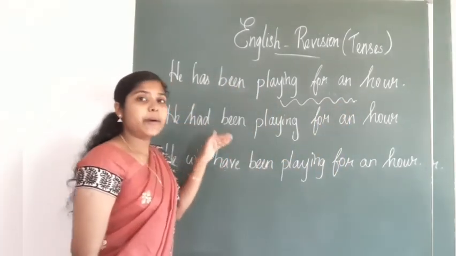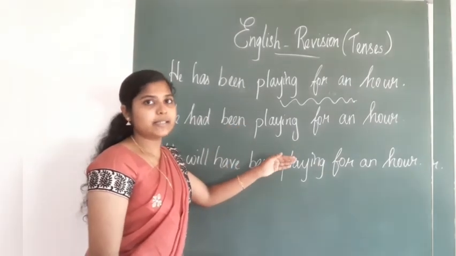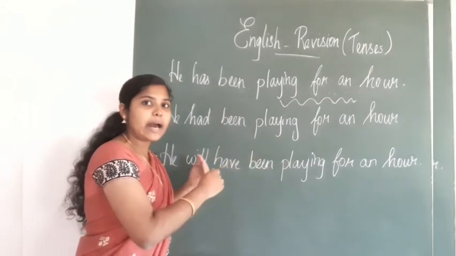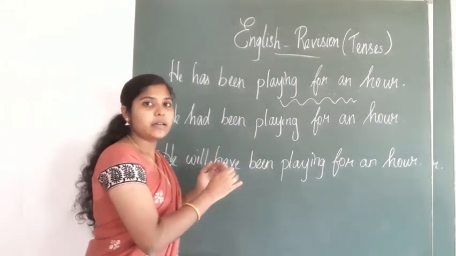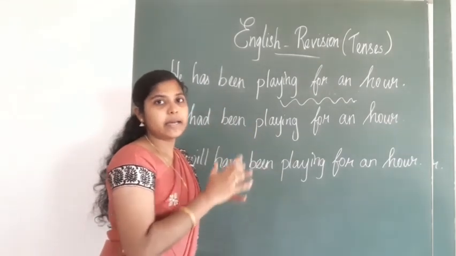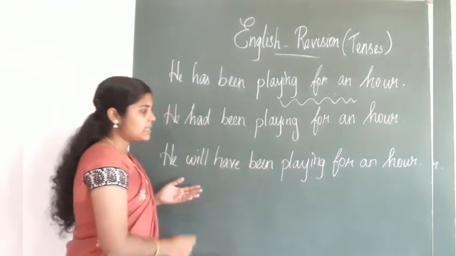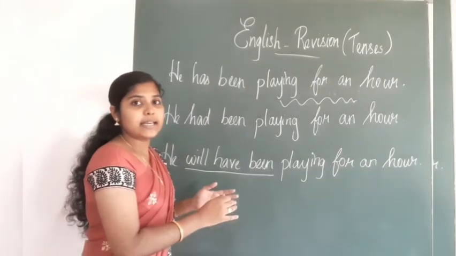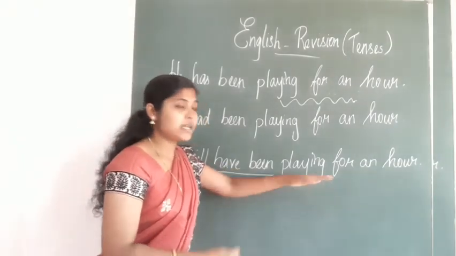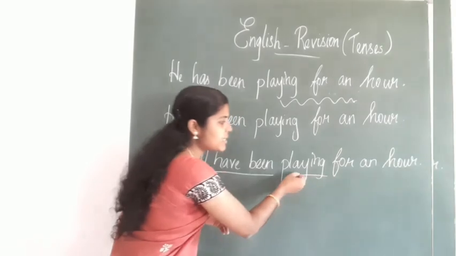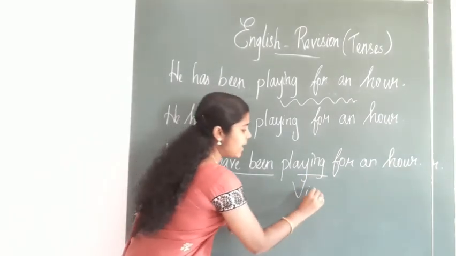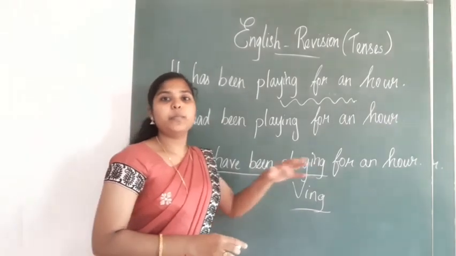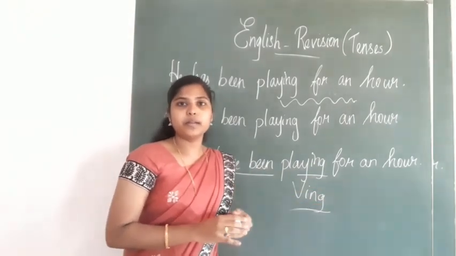Similarly, for the past perfect continuous tense, it is indicating a continuous action which happened in the past for a particular period of time. And in the same way, future perfect continuous tense is indicating a continuous action. How can we identify it as a continuous action? Verb in the ing form. It is indicating the action is in progress. It is going on. Okay.